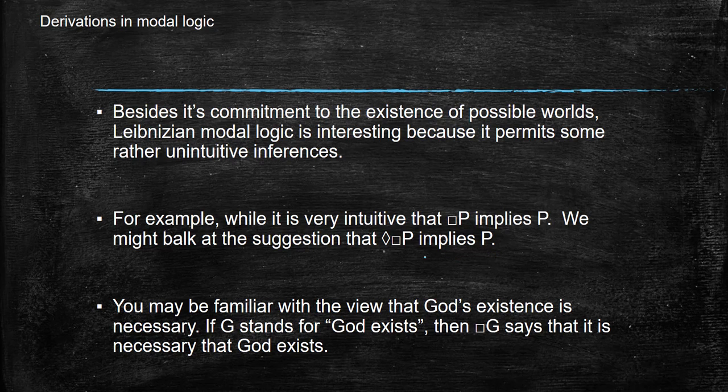Now this has a long and hoary presence in philosophy because it relates to a particular proof of God's existence, the ontological proof. So if we were to let G stand for God exists, then necessarily G says that it is necessary that God exists.